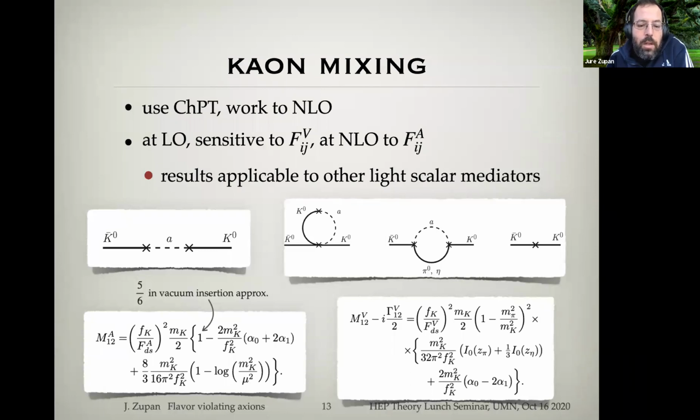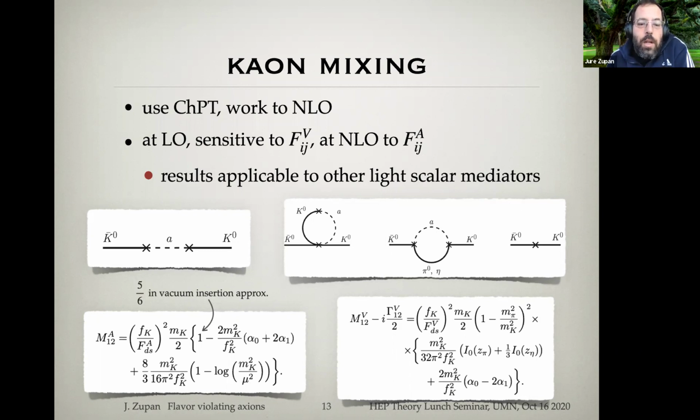This doesn't matter much numerically because it's just an NLO piece, but for the vector couplings, these are coming from order p to the 4 for the first time. This is a big approximation. It's like an order 100% error on the bound. You could easily shift by 100%. So that's approximation number 1, knowing the QCD with this axion.